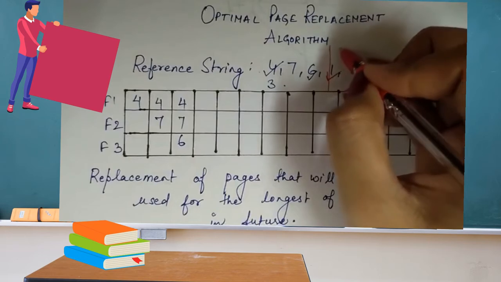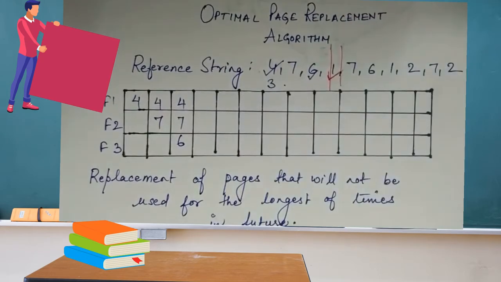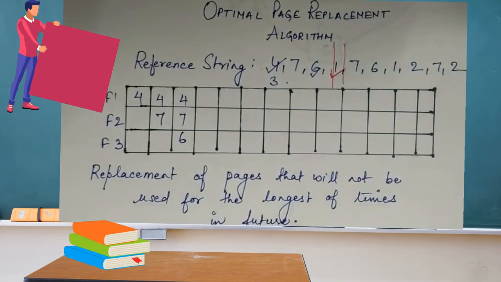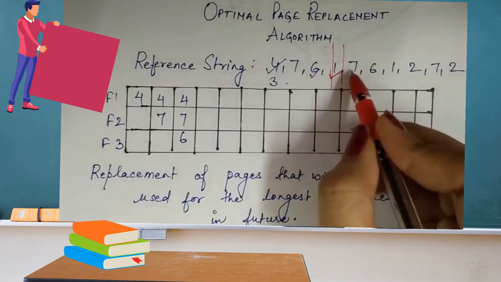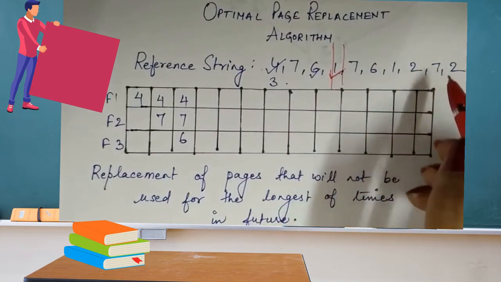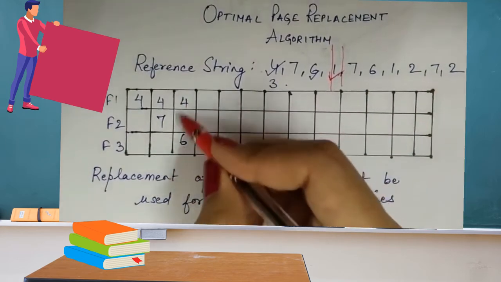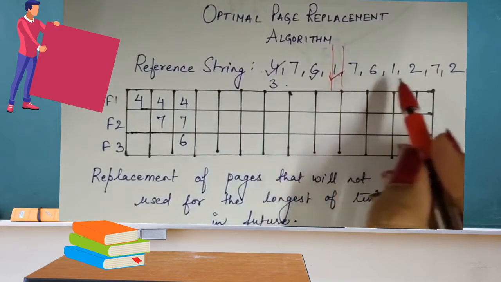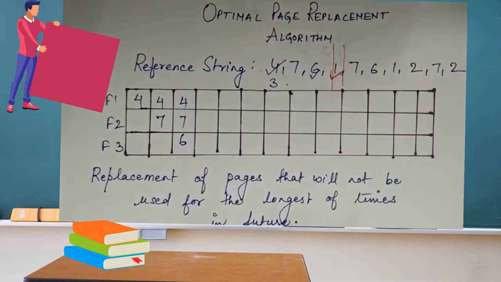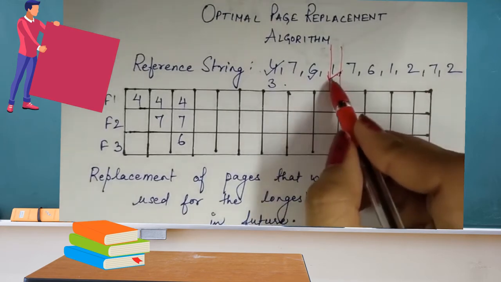But for the optimal, we look at the future-oriented aspect. We see which of the existing pages is not demanded by the CPU for the longest time. So let's see, we have to replace for 1.